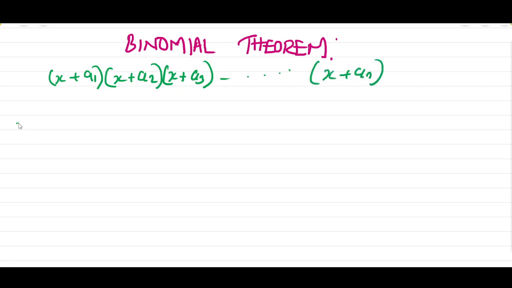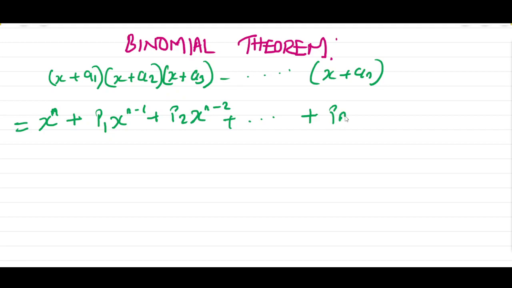We say this is equal to, first of all, x to the n plus p1 x to the n minus 1 plus p2 x to the n minus 2, and so on, plus pn.